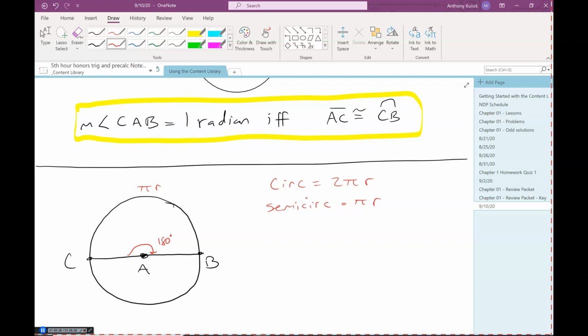So if the radius is equal to 1, what's going to happen?